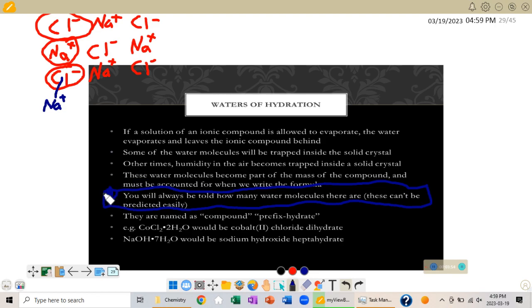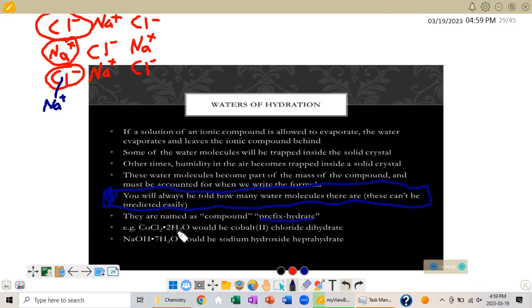We name these by naming the compound, whatever the ionic compound is, so all those other names that we've talked about. And then this is the new part, some kind of prefix, and then the word hydrate. So copper 2 chloride, and then there's 2 H2Os after it. That's how you write the formula.